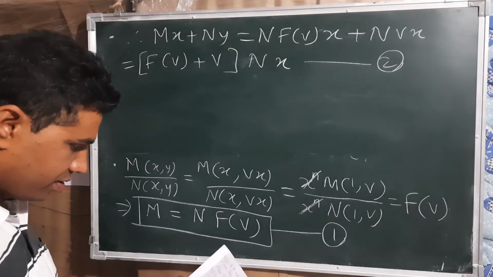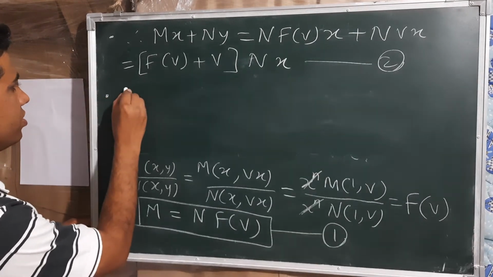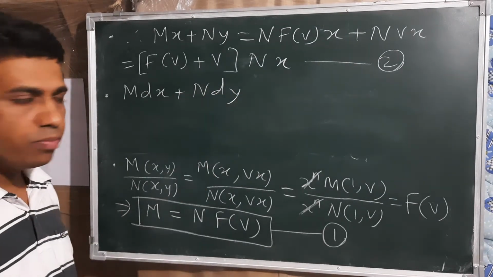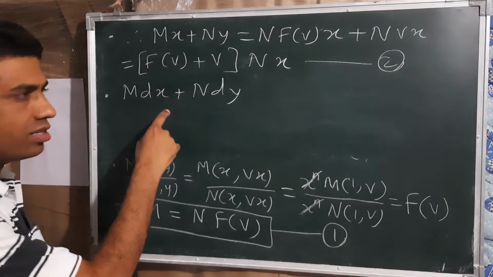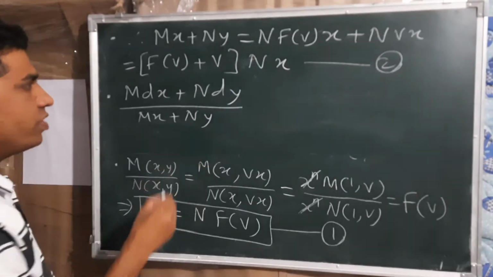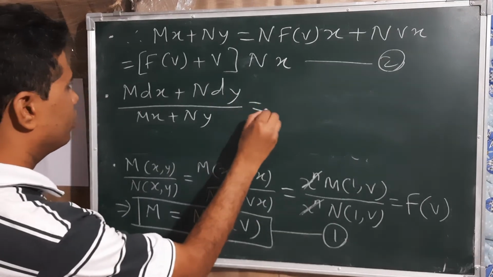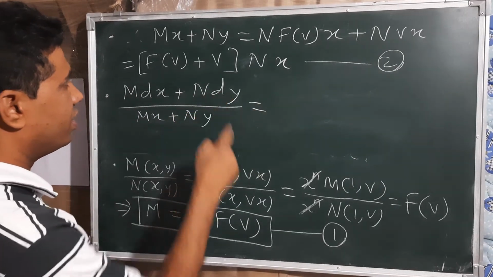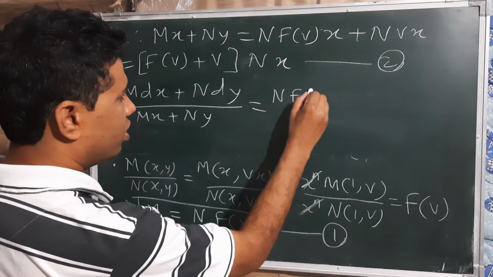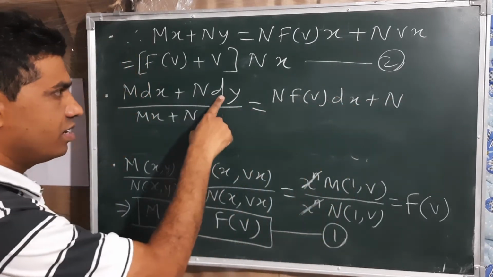And now we consider the given equation, that is we consider M dx plus N dy, and we multiply by the integrating factor, that is 1 upon Mx plus Ny. We want to show that this is an exact differential. Now M dx plus N dy is N into F of v dx plus N dy.